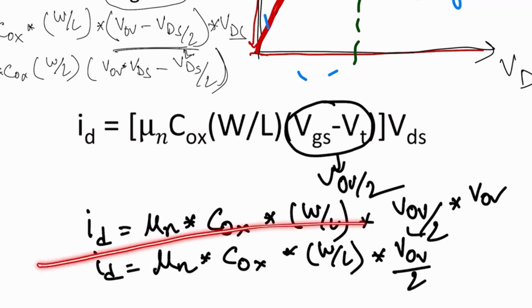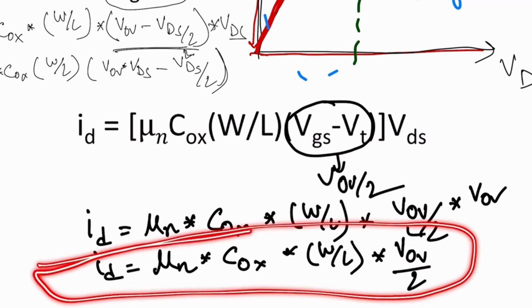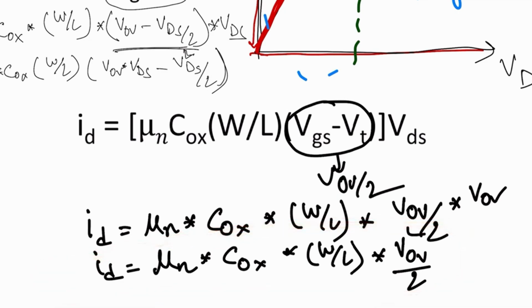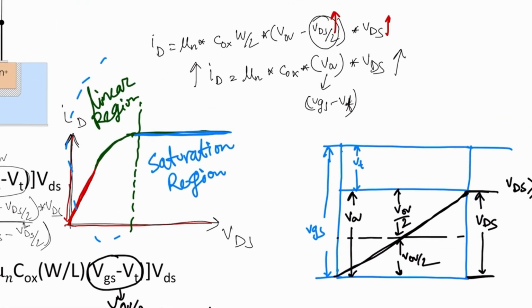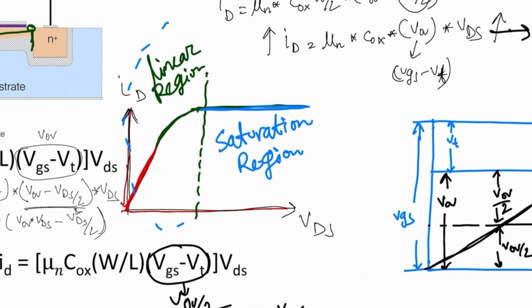So this will be the current equation for the saturation region. Okay, so I think you already understand. So I write down equation 3. This one is equation 2 and this one is equation 1. So here I derived three things.